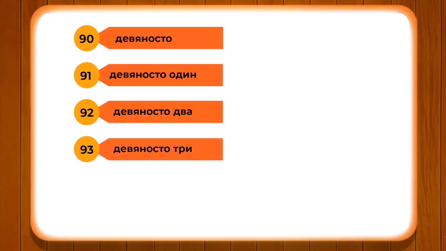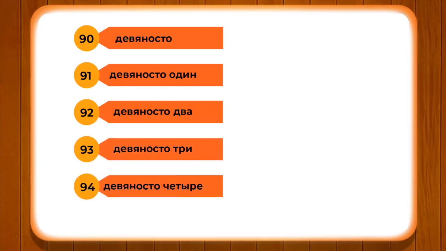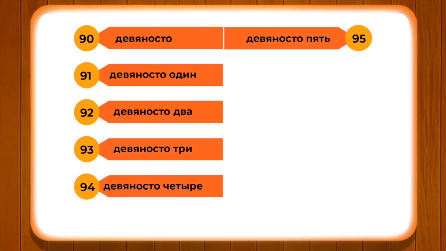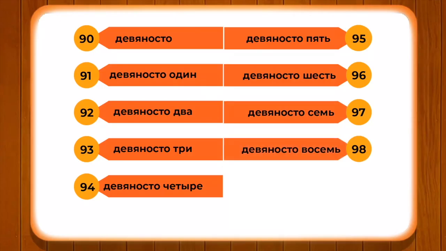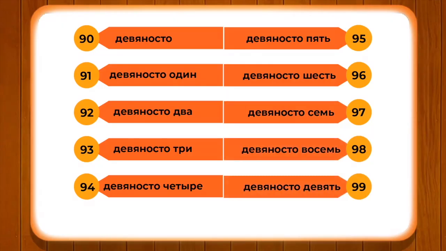From 91 to 100 we can use 91, 92, 93, 94, 95, 96, 97, 98, 99 and then finally we have 100.